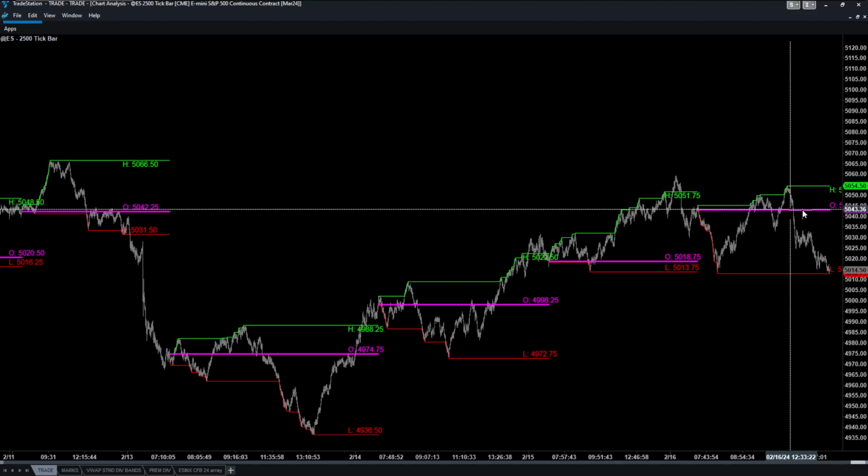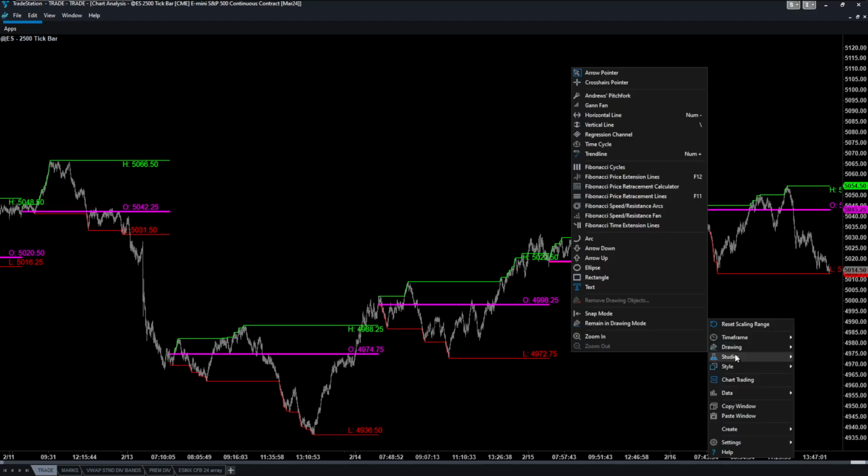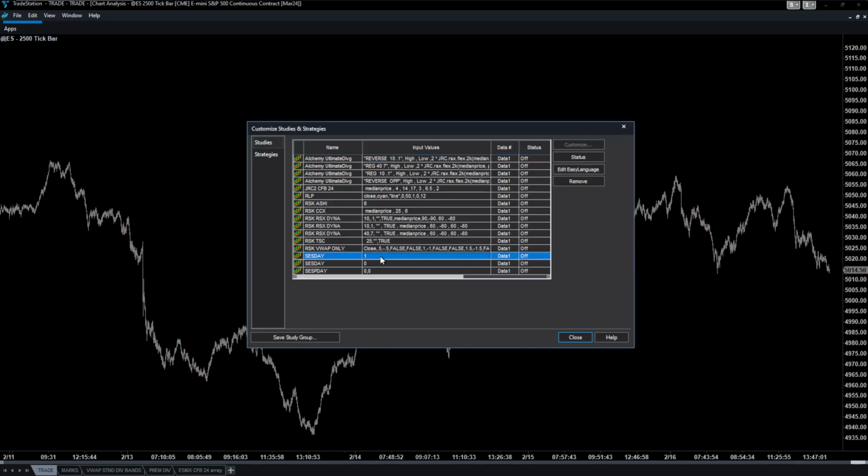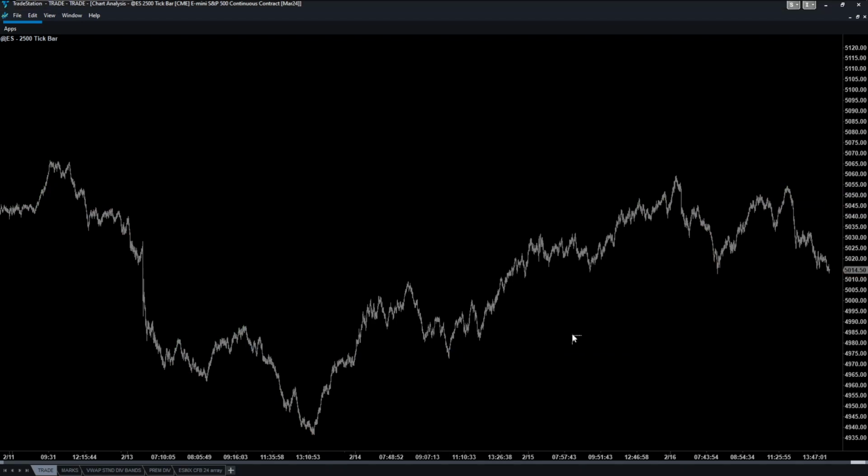Now, as we look at the other indicators, okay, you see that we've got different settings here. So I'm going to turn this off. And now we'll look at this. One is referring to 1 day back.